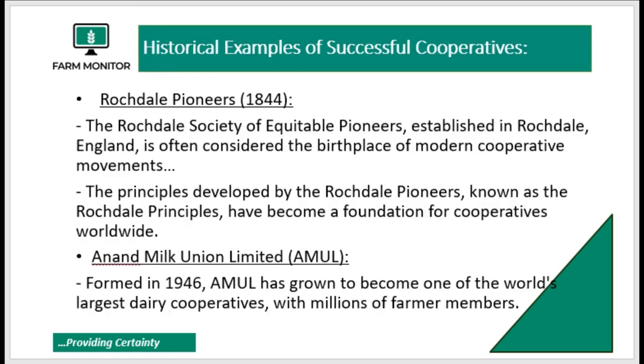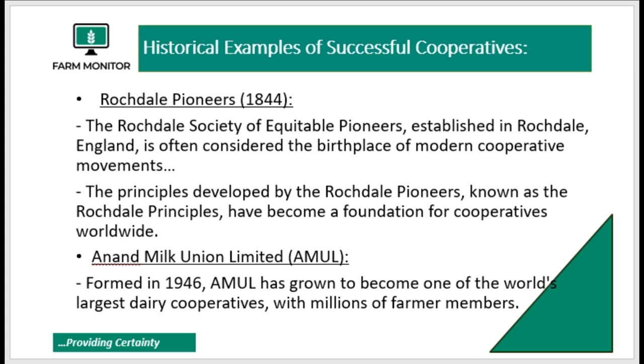Let's look at 2 historical examples of successful cooperatives right from time. There is the Rochdale Pioneers. The Rochdale Pioneers were founded in 1844. The Rochdale Society of Equitable Pioneers, established in England, is often considered the birthplace of the modern cooperative movement, so it started from somewhere.